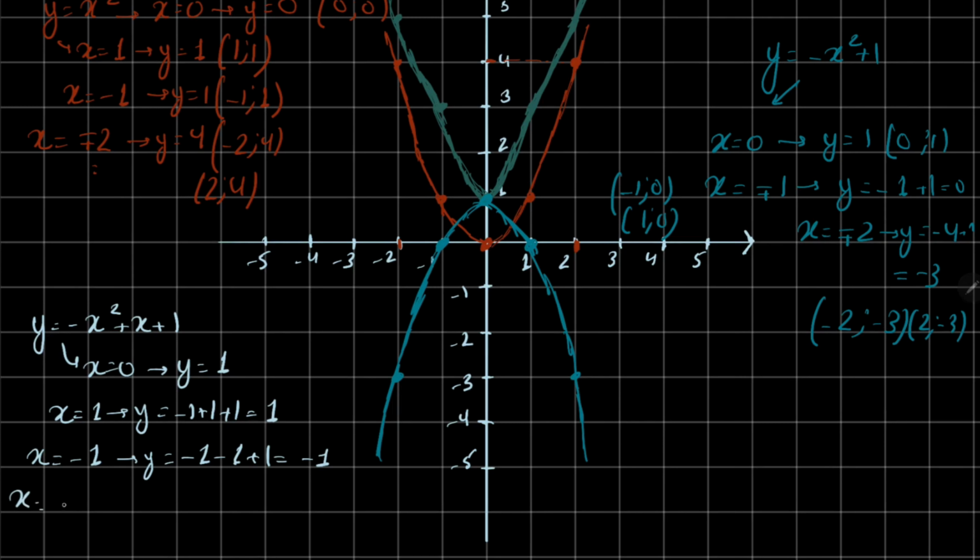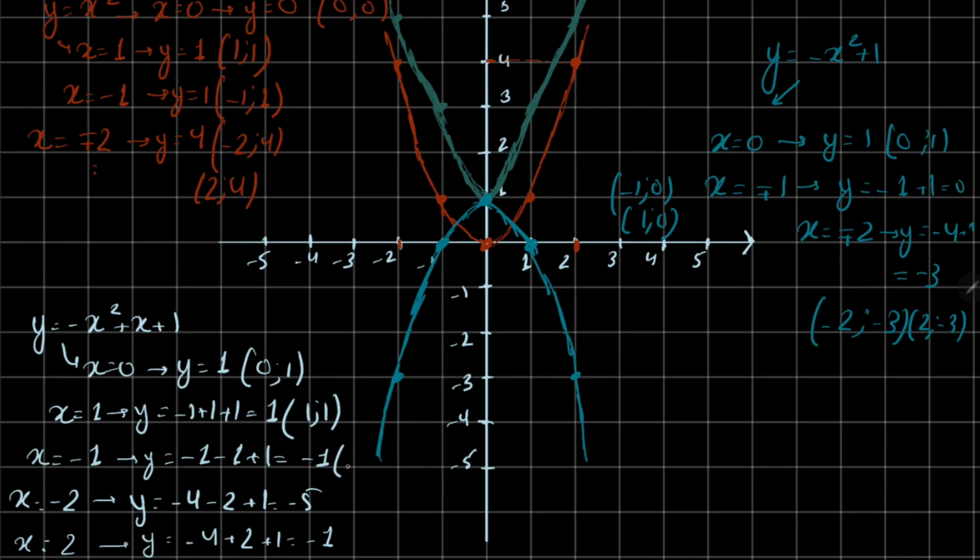For x equals to minus 2, y will be equal to minus 4 minus 2 plus 1 equals to minus 5. And for x equal to 2, y is equal to minus 4 plus 2 plus 1 equals to minus 1. Then we should plot those points of the coordinates 0, 1, 1, 1, minus 1, minus 1, and minus 2, minus 5, and 2, minus 1 on the coordinate system in order to find the graph of this parabolic function.